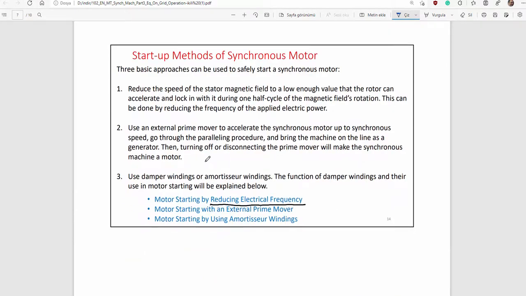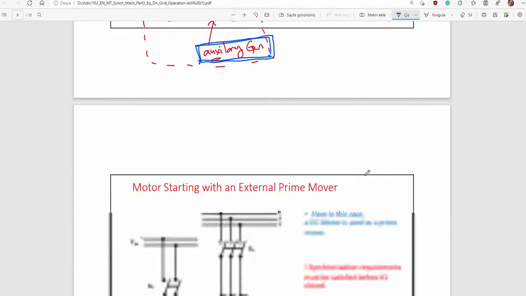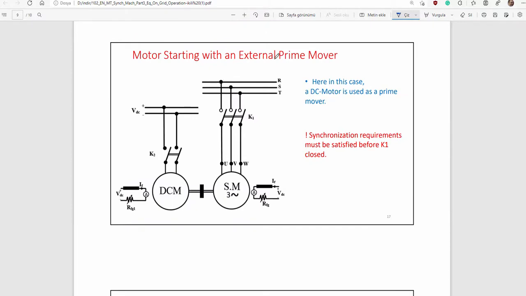Okay, we have discussed reducing electrical frequency. You can also start the machine by using an external prime mover. Sometimes it is called a pony motor. Let's find the driving by using an external prime mover.